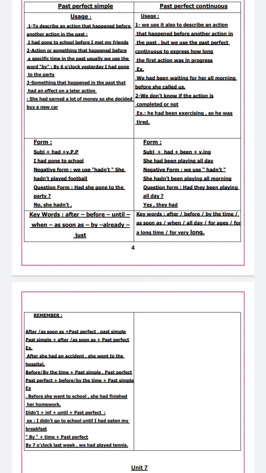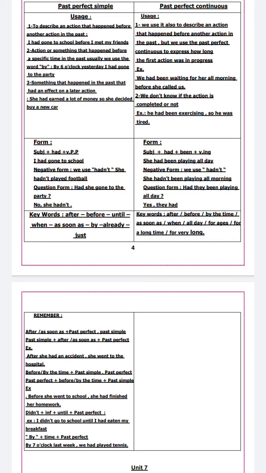I, the subject, didn't for the negative form, plus go for the infinitive, or any verb, eat, see, play. Go to school, plus until, then the past perfect, had eaten. So, I didn't go to school until I had eaten my breakfast.